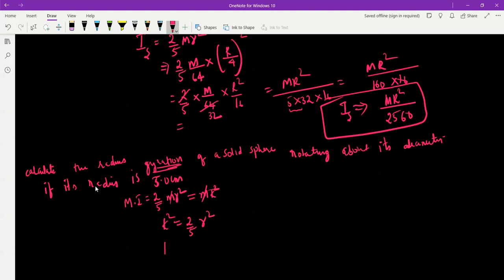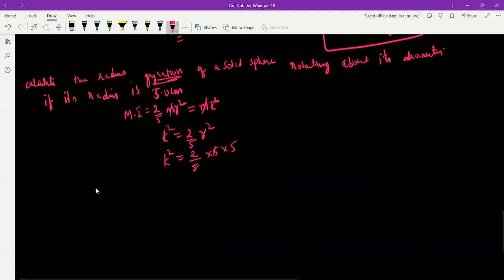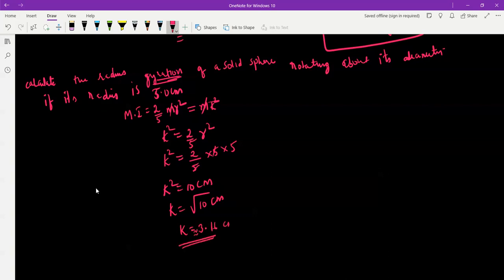So r is 5. So k square is equal to 2 by 5 into 5 into 5. So 5 gets cancelled. 2 5s are 10. k square is equal to 10 centimeter square. So k is equal to root 10 centimeter, approximately 3.16 centimeter is your radius of gyration.